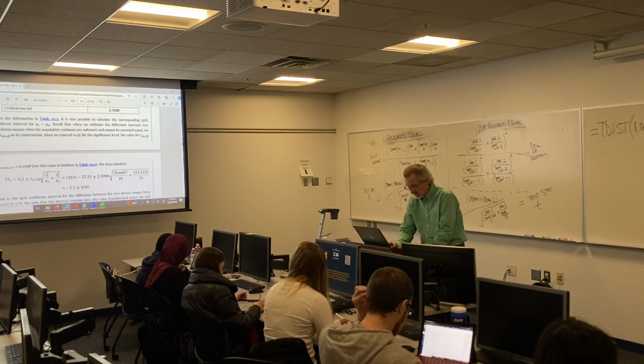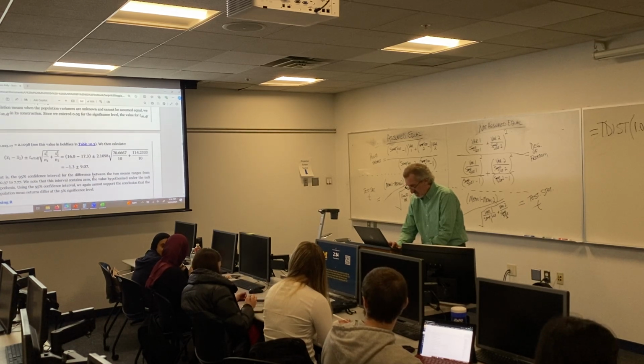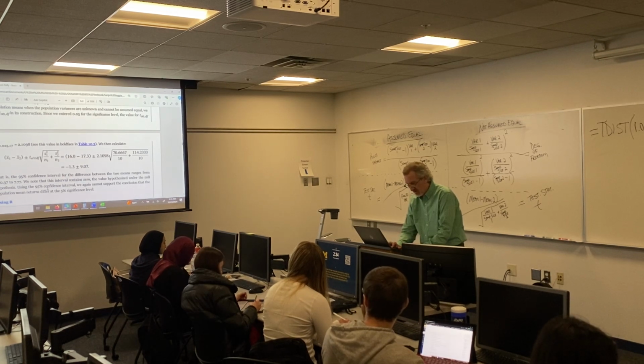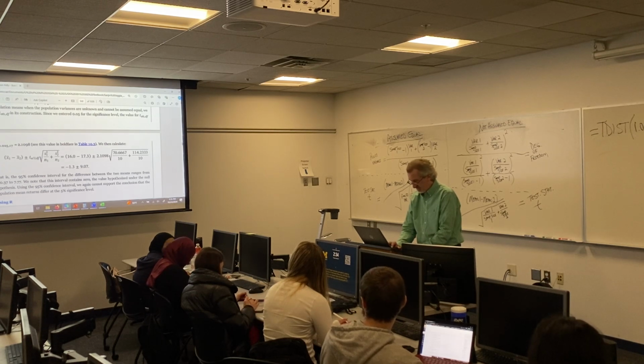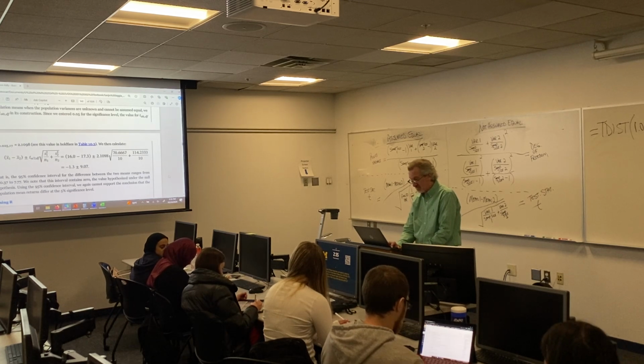And it says right here that at 95% confidence interval, or 5% significance, the difference between the two means ranges from negative 10 point whatever to 7.7, I don't know where that's coming from. We note that the interval contains 0, so the value hypothesized under the null hypothesis using 95% confidence interval, we cannot reject or support the conclusion that the population mean returns are different at 5% significance. That's talking about 2-2.